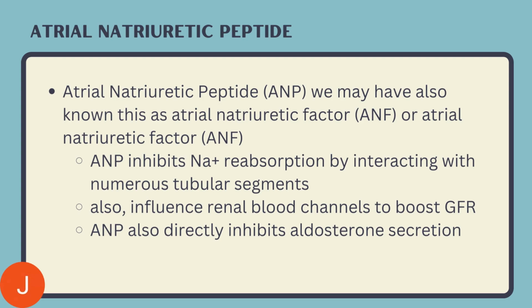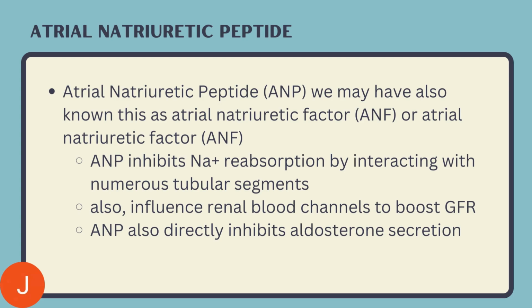Additionally, ANP directly reduces aldosterone secretion, which raises sodium excretion. Although it makes sense that an excess of sodium in the body would enhance ANP secretion, changes in sodium concentration are not the cause of this increased secretion.